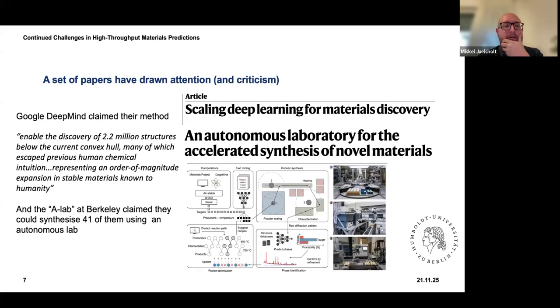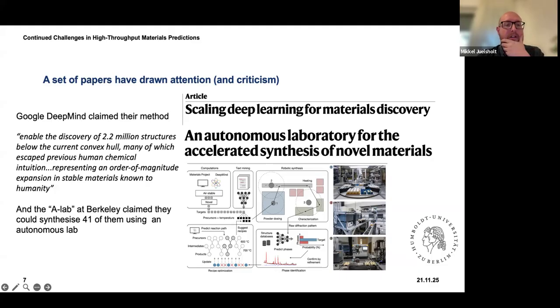To set the stage for where the Microsoft paper comes in, there was first this paper by Google DeepMind that had developed a model to predict, they said, 2.2 million new structures, which they say represents an order of magnitude expansion in stable materials known to humanity. And then this autonomous lab in Berkeley claimed that they could synthesize, I hope it's the right number, but I've written 41.